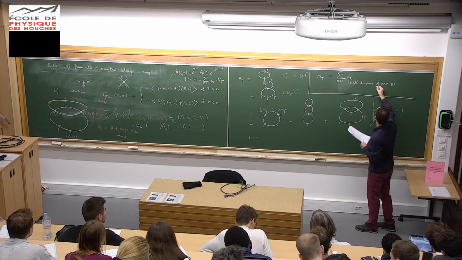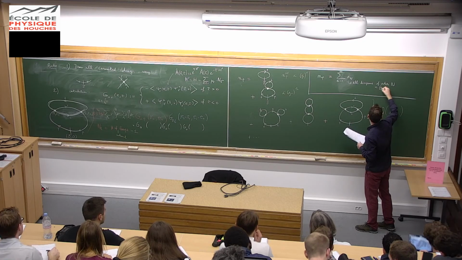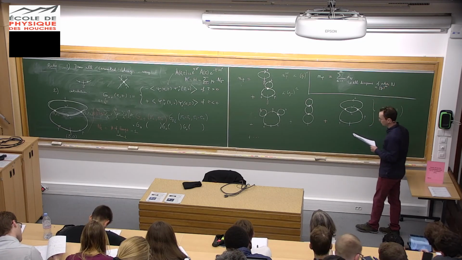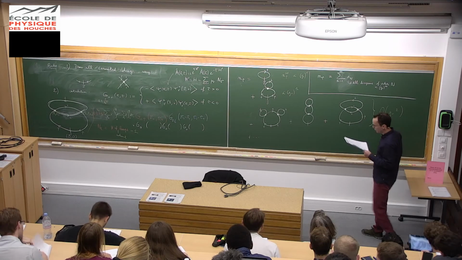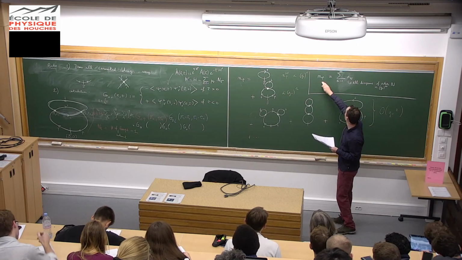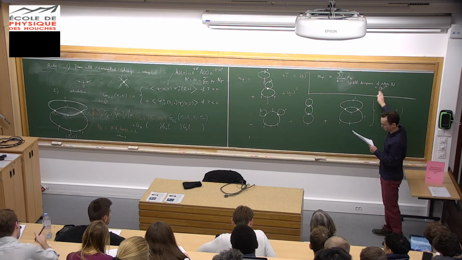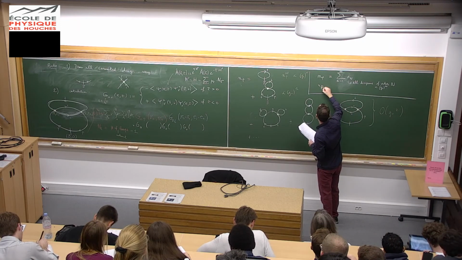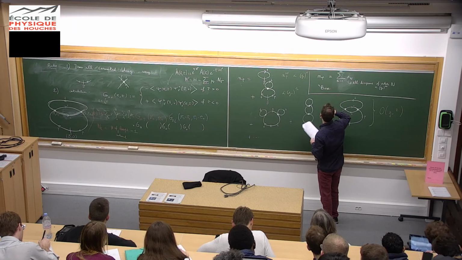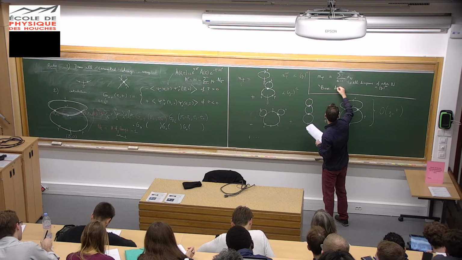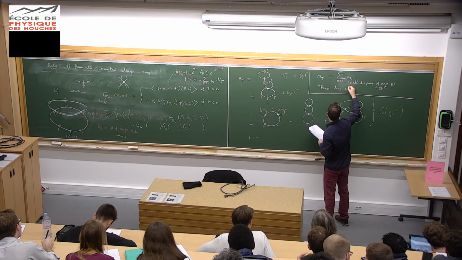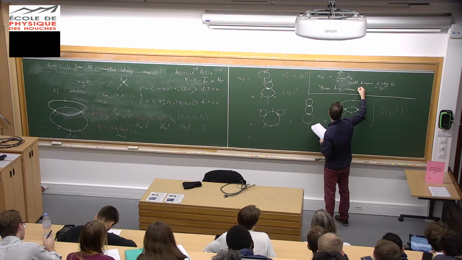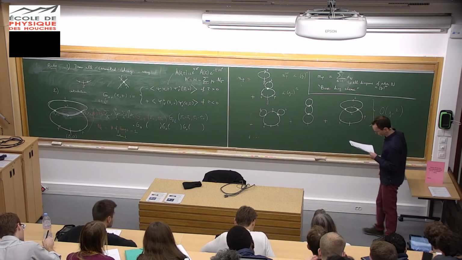So they are proportional to g0 to the power n. In other words, we just made a Taylor expansion in powers of g0. And this is what we will call the bare diagrammatic scheme. It's the simplest thing you can do.